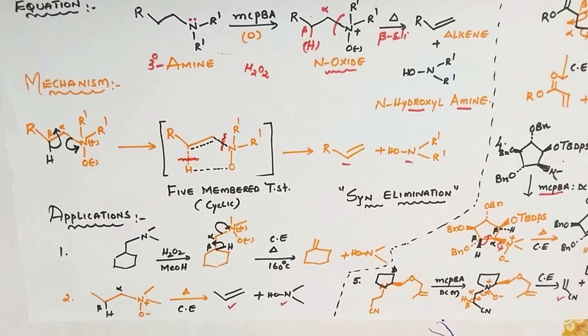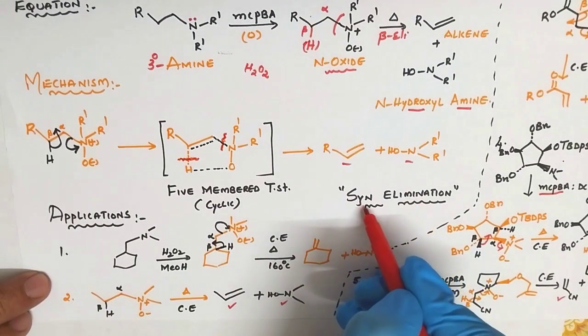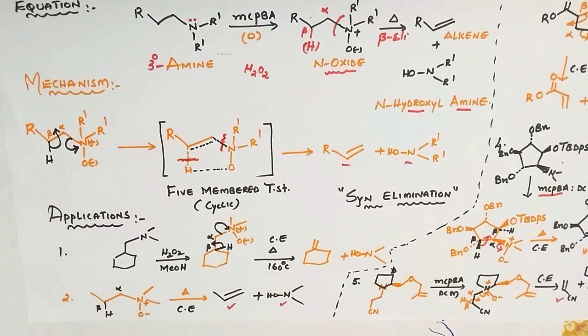Okay, now people are saying this elimination is an example of syn elimination. Syn elimination means the atoms or the groups which are removed from the carbon atoms should be present on the same side. In the case of stereochemistry, we will observe the products.